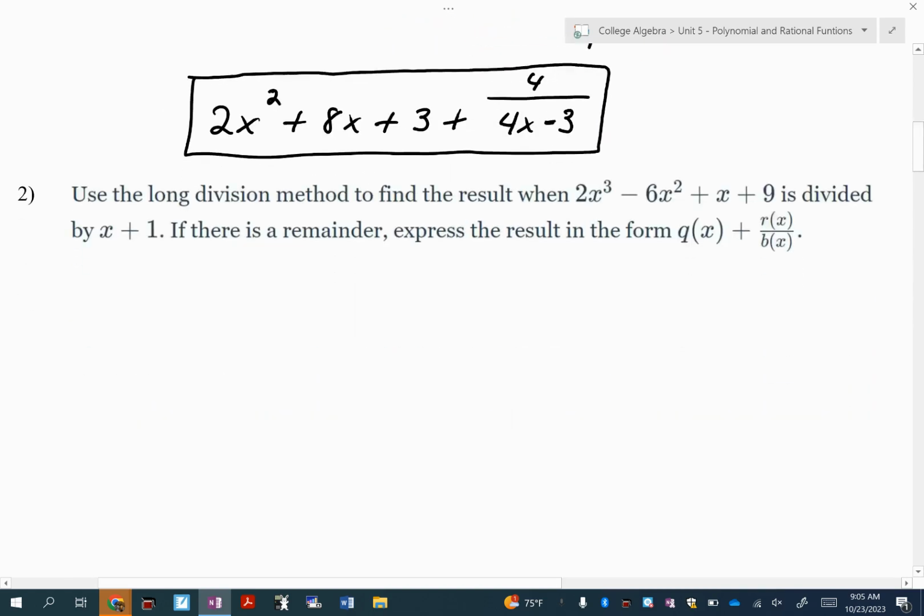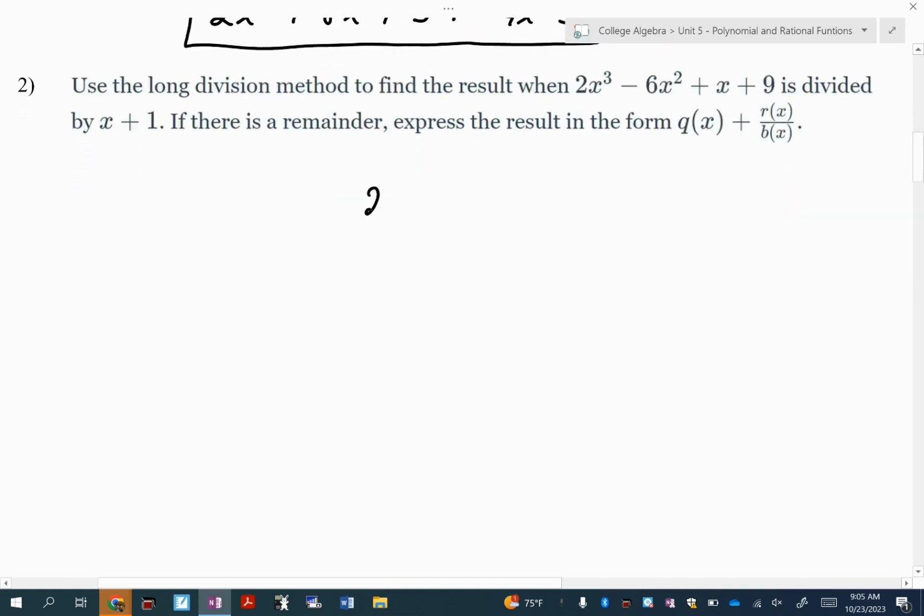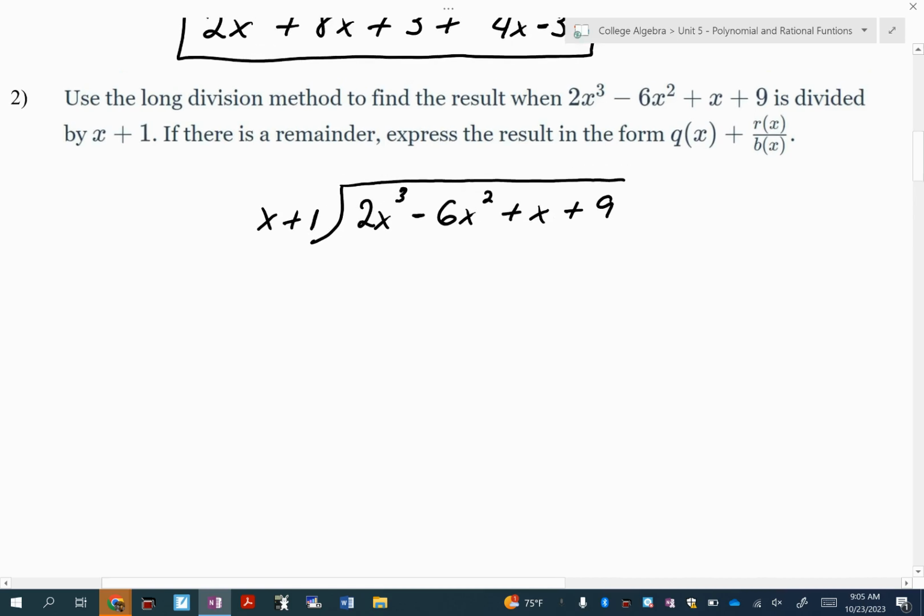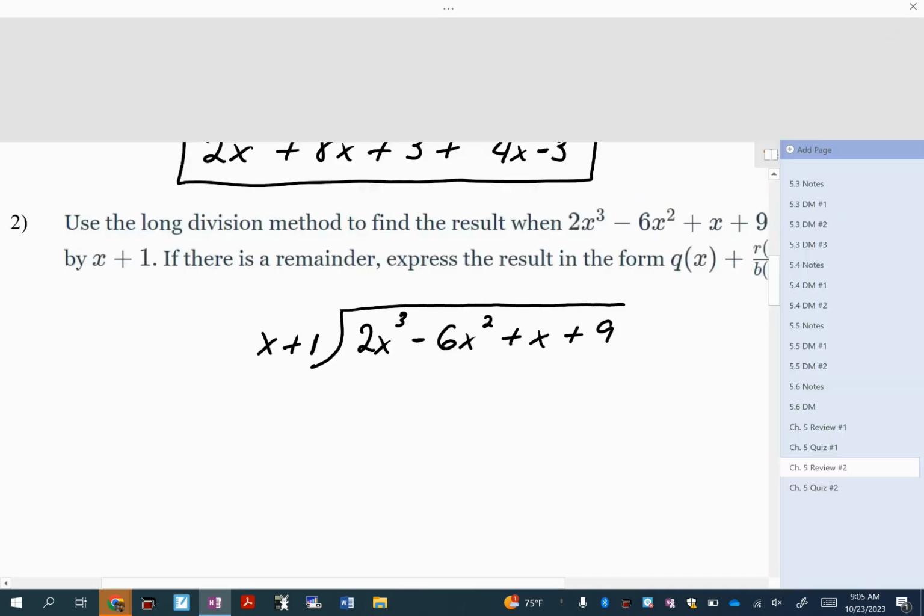Let's do another one with long division. So we have 2x cubed minus 6x squared plus x plus 9 divided by x plus 1. Okay, so same process. Something times x is going to give me that 2x cubed.